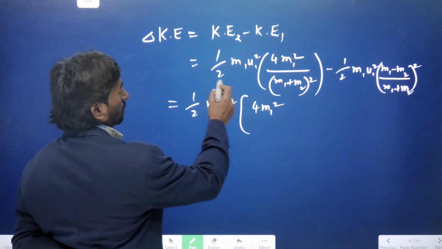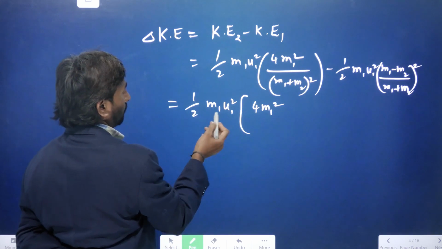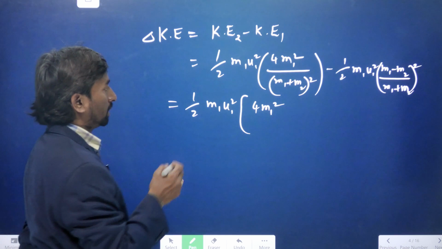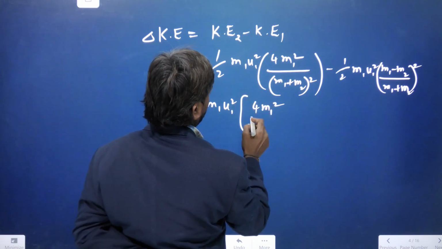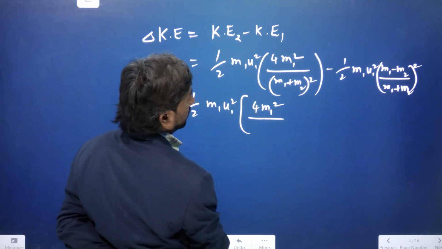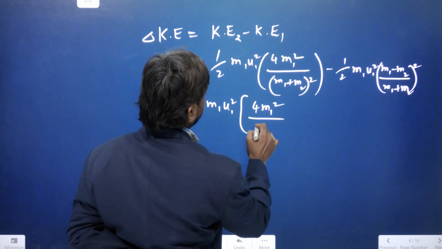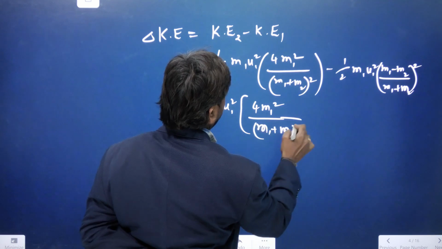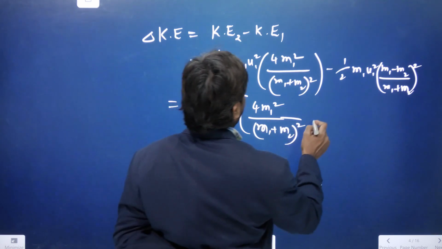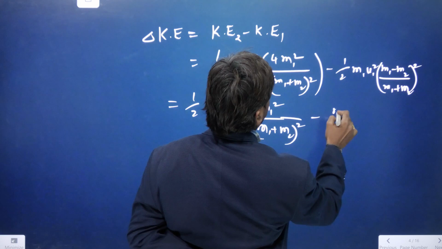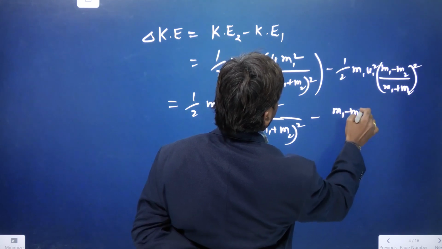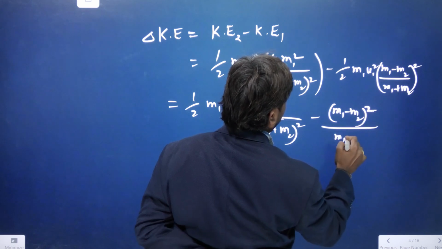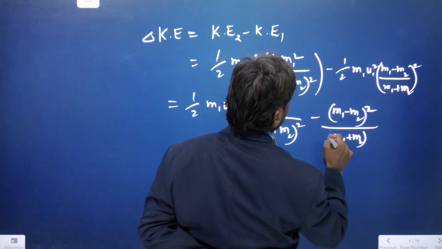Now from this we can take half into m1 u1 square common, and the remaining value is this one. Divided by, we can take m1 plus m2 whole square common here, and next remaining is m1 minus m2 whole square divided by m1 plus m2 whole square.